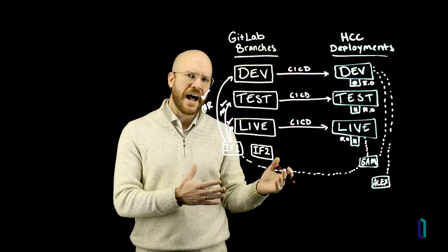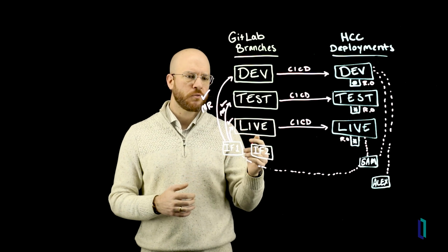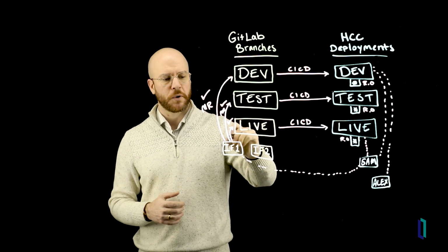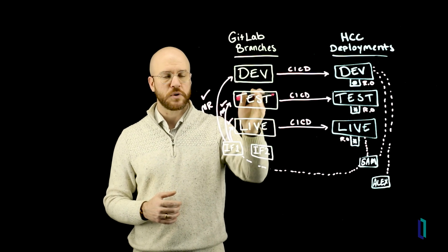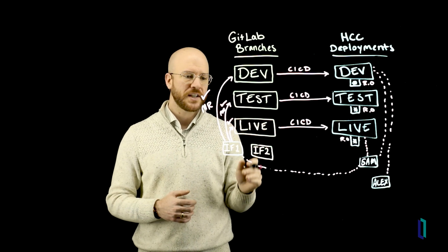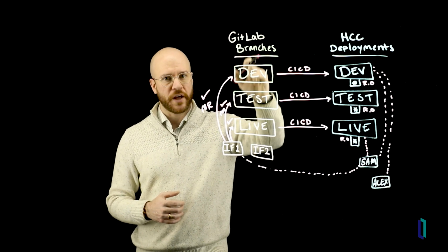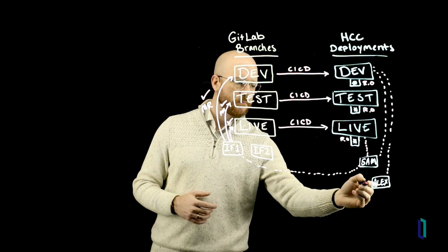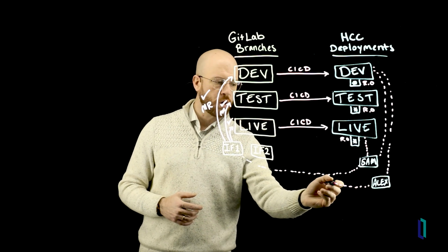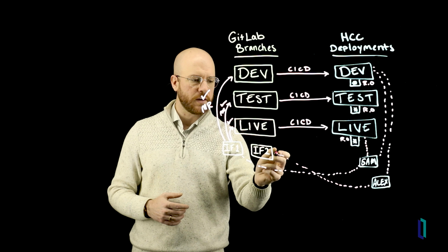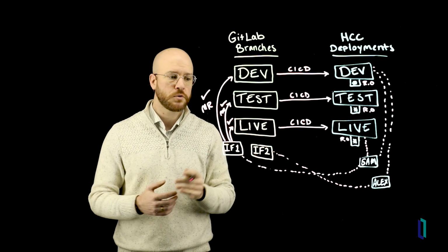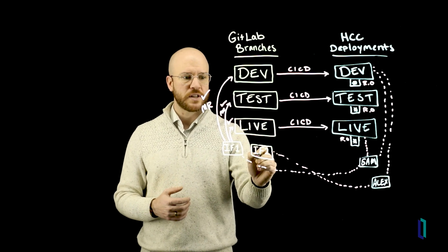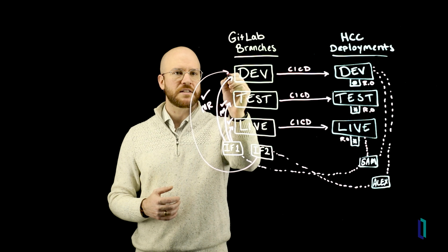So revisiting Alex for a moment, this is part of where we highlight the reason for going interface branch directly into each protected branch instead of having a workflow that flows from dev to test to live. Because if Alex made some changes to her routing rule, and that was being done on interface branch 2, well, let's say that she had merged that into dev around the same time that Sam did, right?